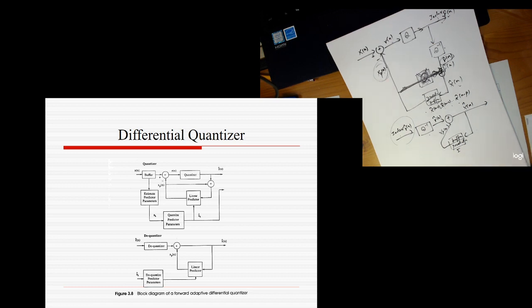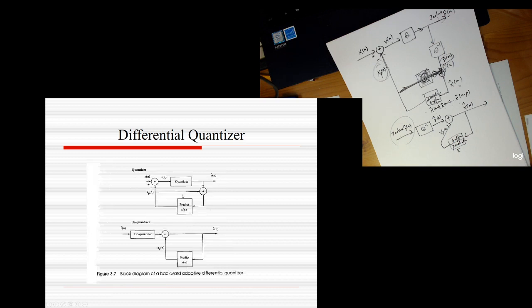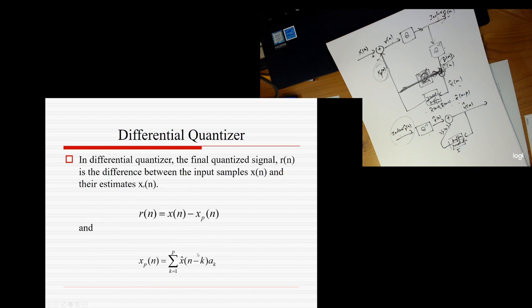Okay, this one is a little bit more complicated. You can see here we call the original one a differential quantizer, and this one we try to do linear prediction. We have a coefficient here.